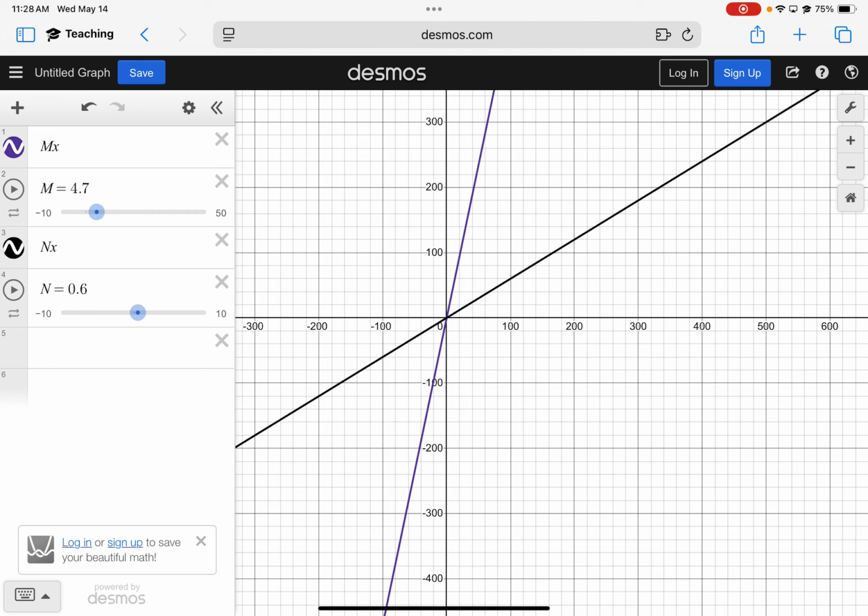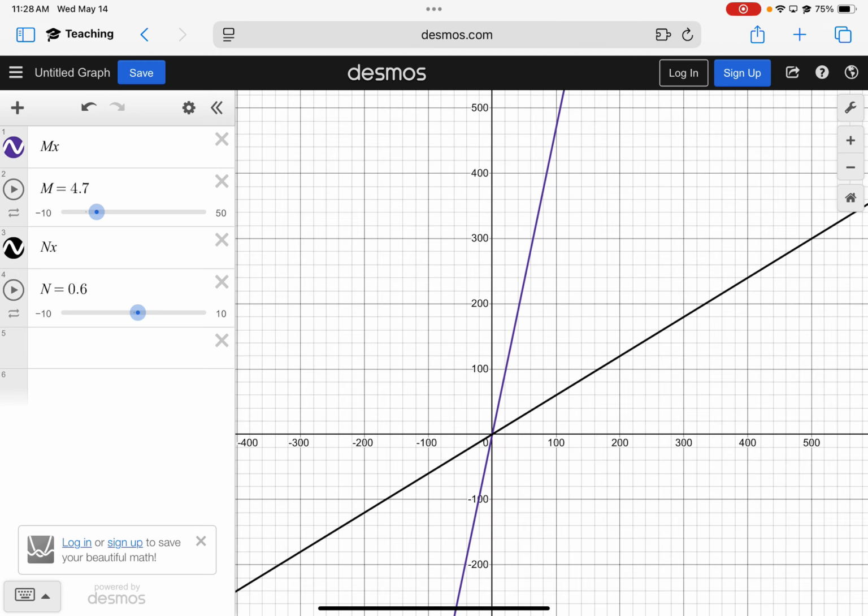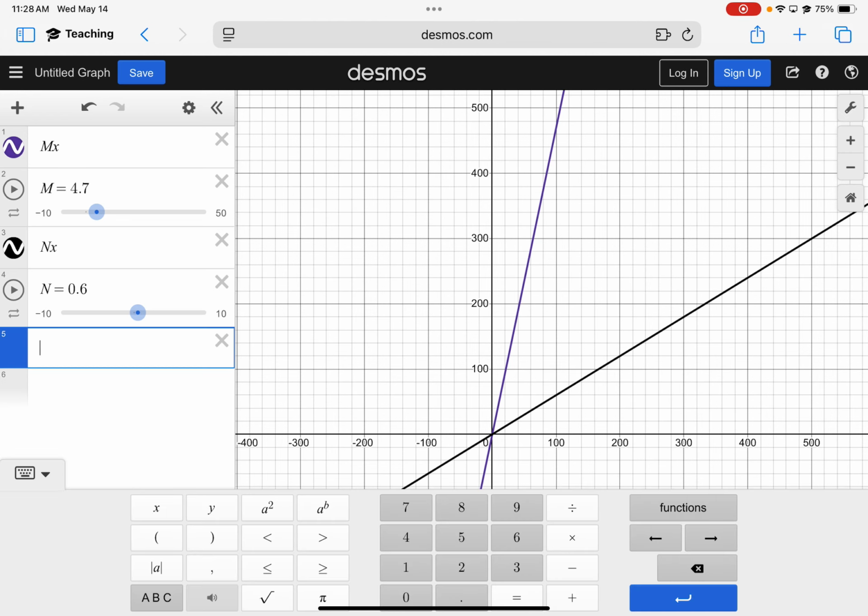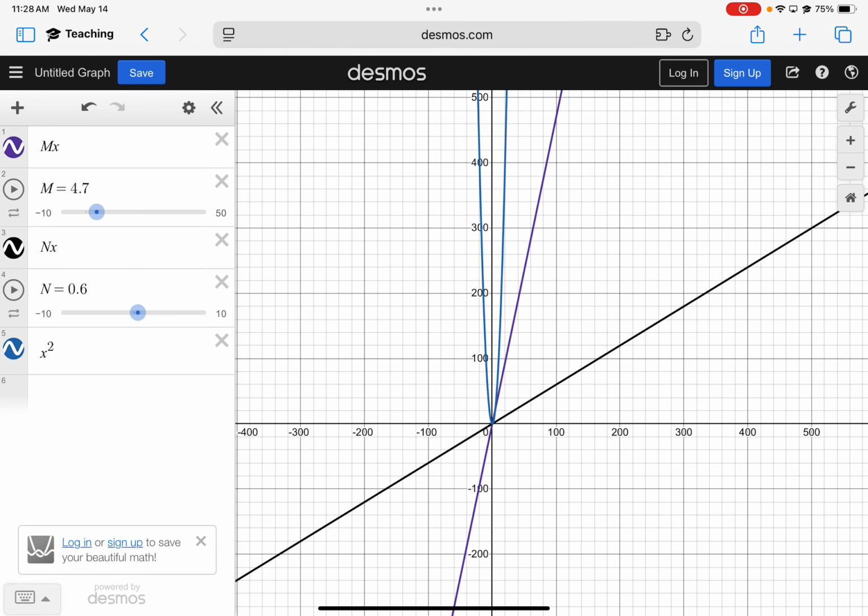So 4.7x would be in big O of 0.6x, but it wouldn't be in little o. Little o would be reserved for functions that grow way faster.